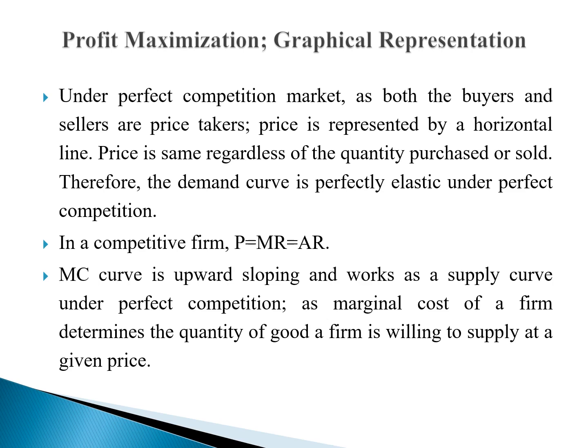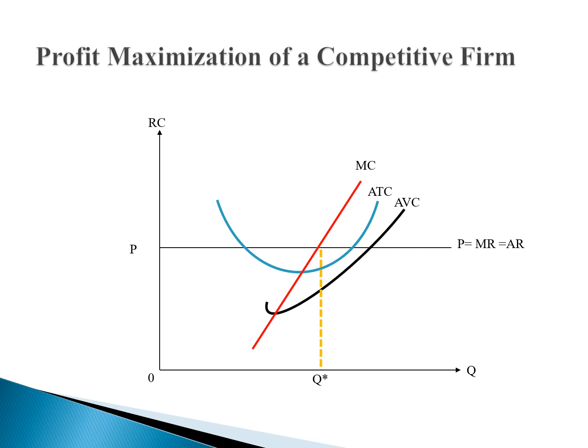So with all these concepts in mind, now let's look into the graph. The graph shows that in the vertical axis we have revenue and cost. In the horizontal axis we have the quantity, and then the horizontal line represents the given price level, which is equal to MR or AR.